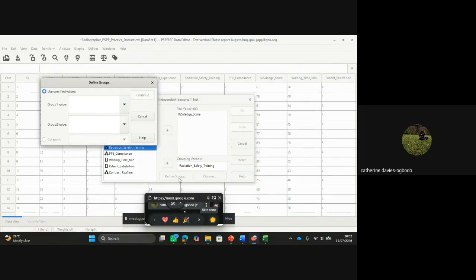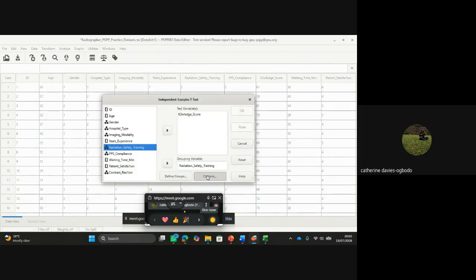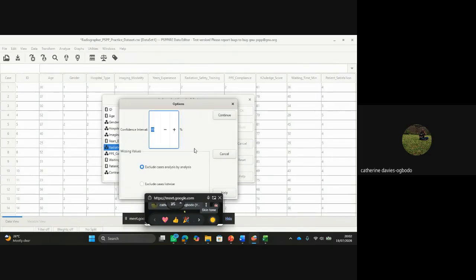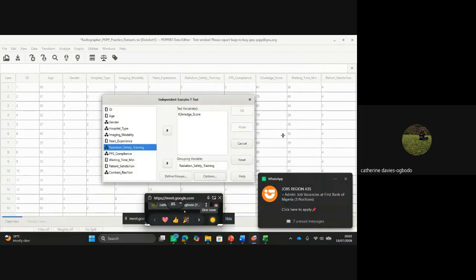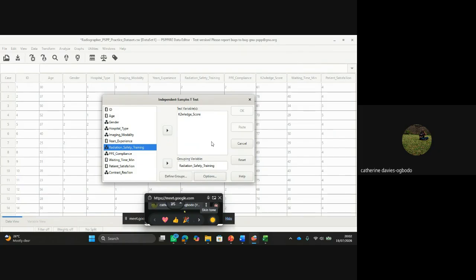I've already basically defined the groups, so I don't think I need to do that again. Options, 95% confidence interval, that's 0.05 level of significance. I don't think I need all these things. Okay. Why is this not doing it?